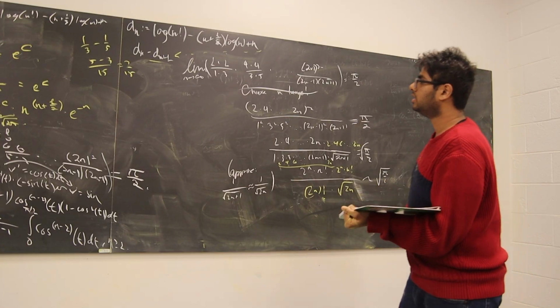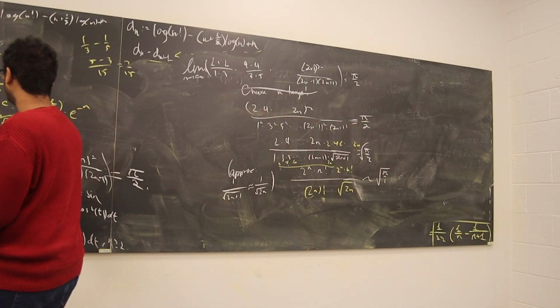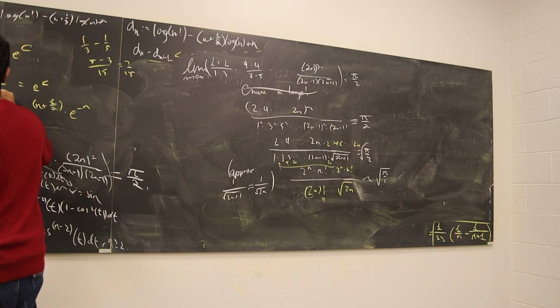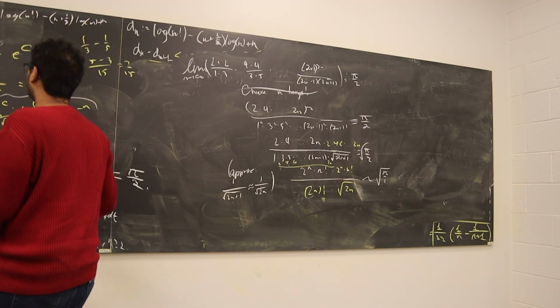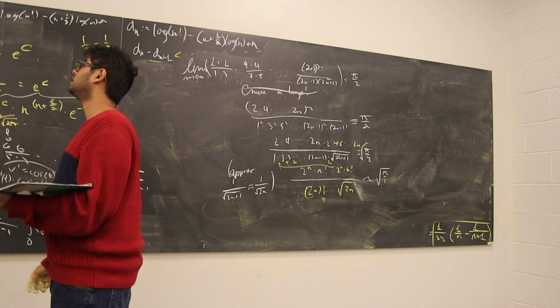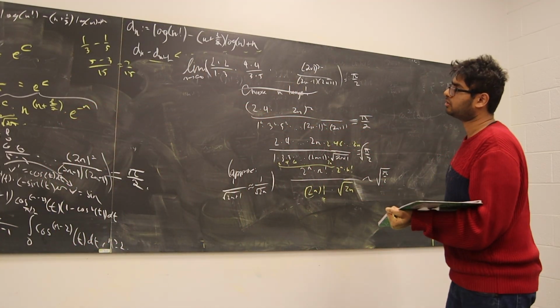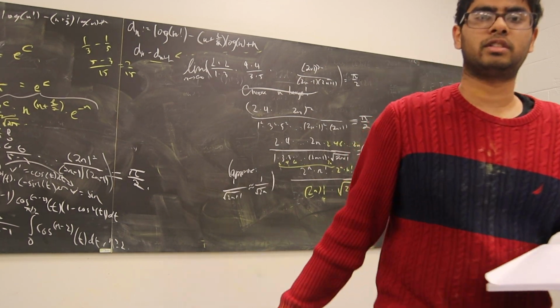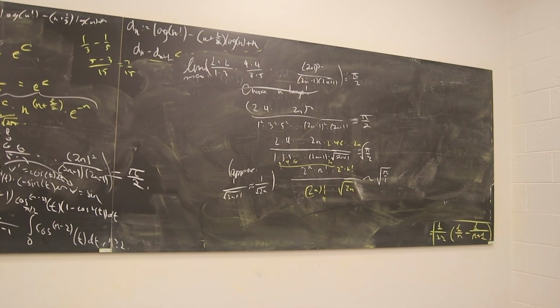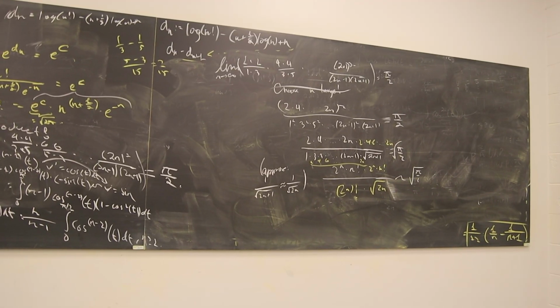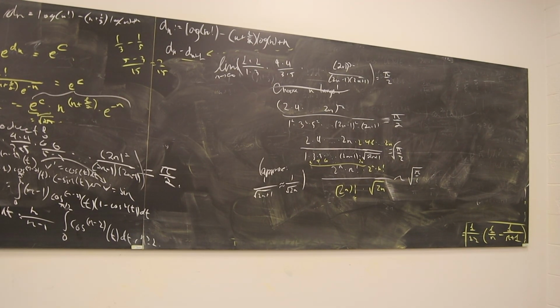Since we know in the limit it's equal, it's about this guy. So every time we see an n factorial, we're going to replace it with this monstrous expression on the left. It's this part that I've put in braces: n factorial is e to the c times n to the n plus 1/2 times e to the negative n. We're just going to replace it with that every single time. Then we'll be done.